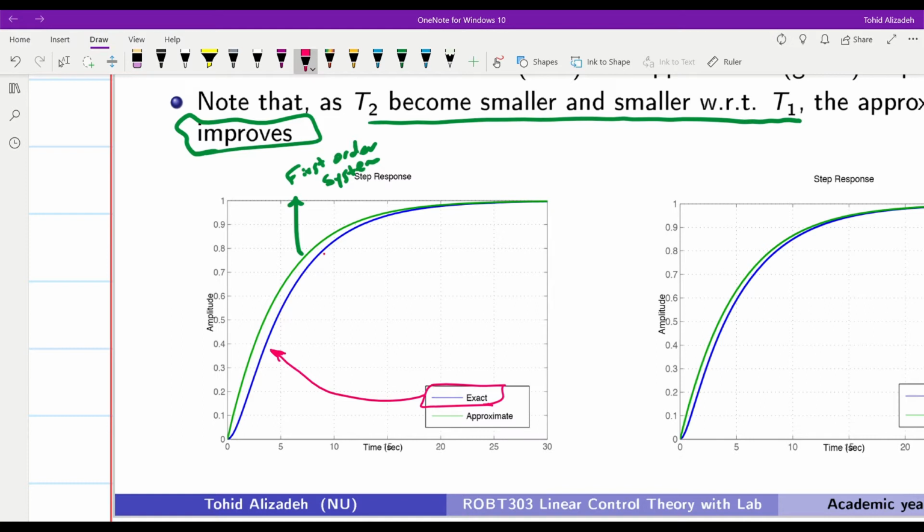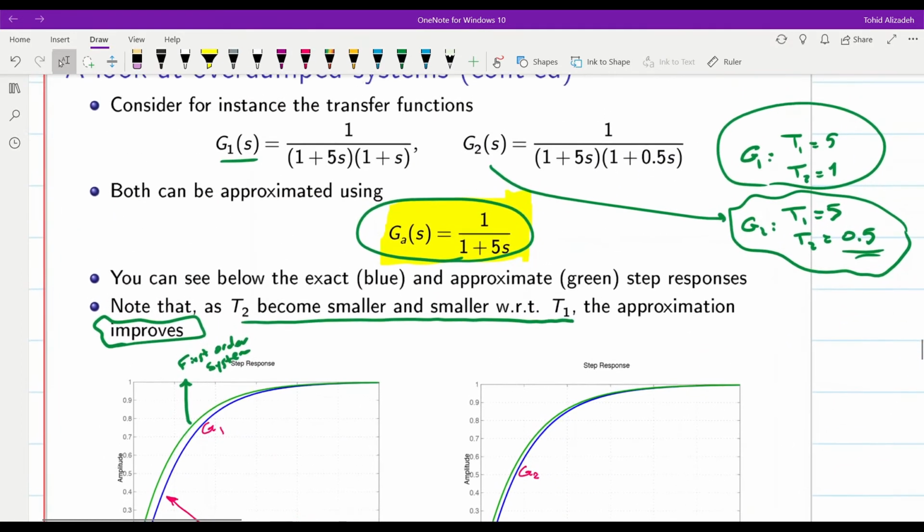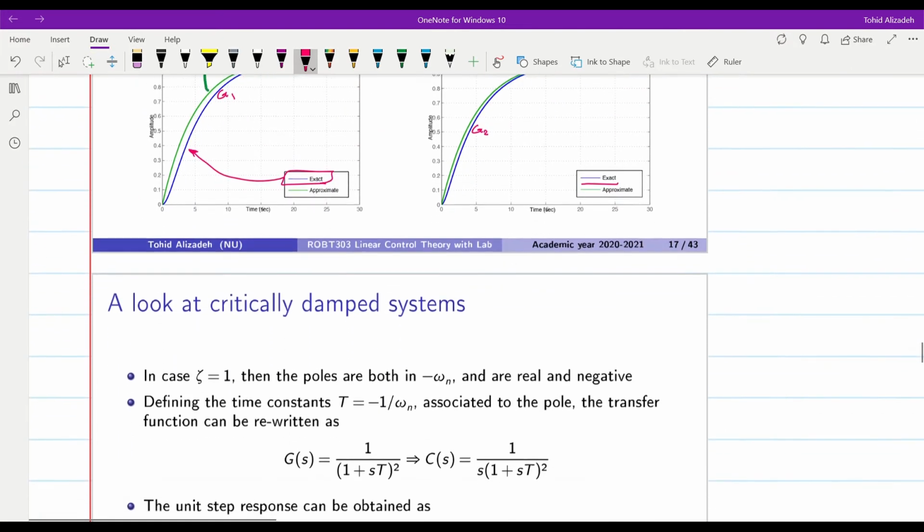So this is what we have for G1, and here you can see what we have for G2. If you compare them with each other, you can see that the exact response for G2 is closer to the approximate one than what we have for G1, because in the case of G2, the difference between T2 and T1 is bigger. So that's what we have for the overdamped case.